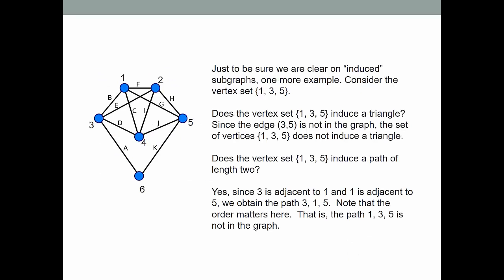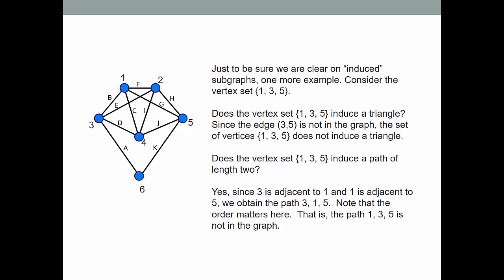Just to be sure, we'll take a larger example because we're going to be using this example for our next topic. So let's take the vertex set 1, 3, and 5. What is the subgraph induced by the vertices 1, 3, and 5? Again, here, 3 and 5 are not adjacent in the same way that B and D were not adjacent in the preceding example.